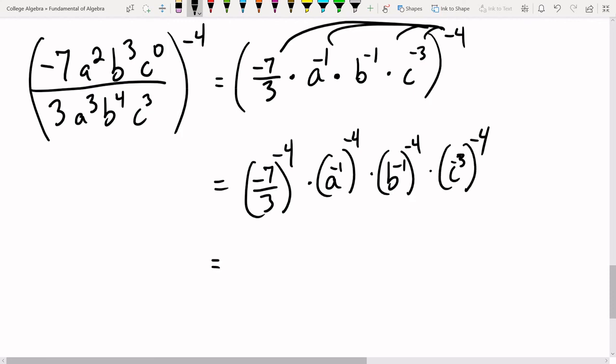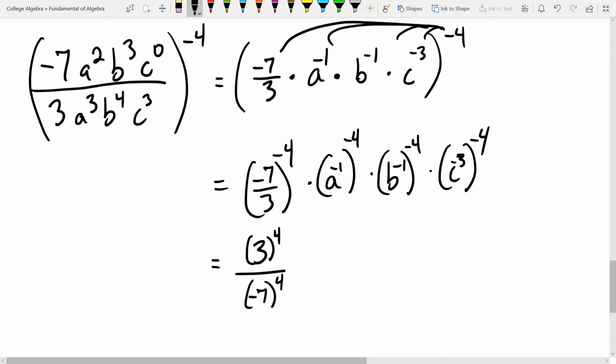And this first one, the negative is going to end up flipping the inside. Since we have a fraction on the inside that's not a single number, all we're really going to do is flip the numbers. So it's going to be 3 over negative 7 and put both of them to the 4th power. It's going to be 3 to the 4th power over negative 7 to the 4th power.